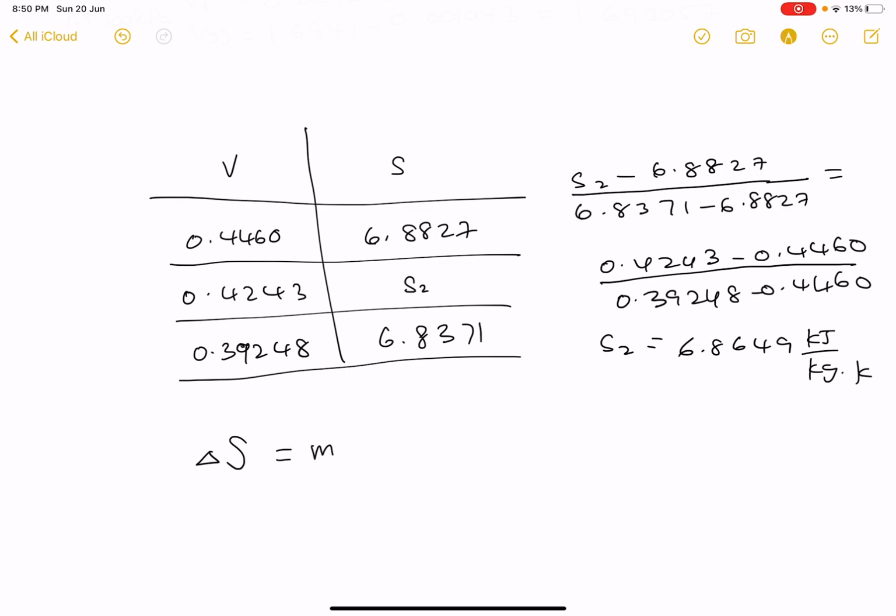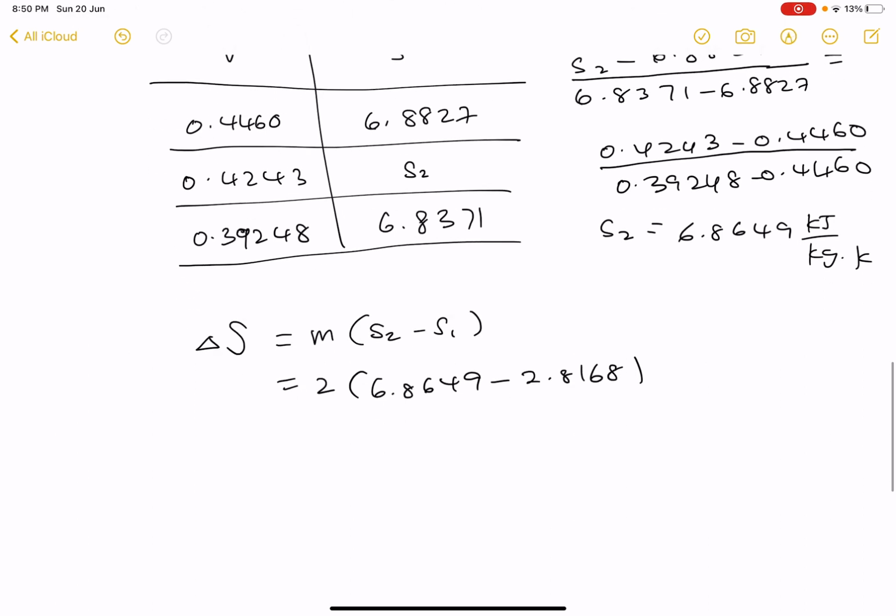The entropy change means the total entropy, not specific entropy, so it will be m times S2 minus S1. m is 2 kg, S2 is 6.8649, S1 is 2.8168.